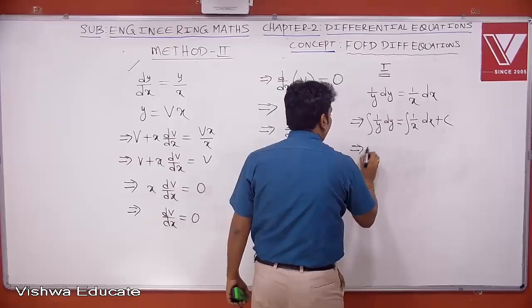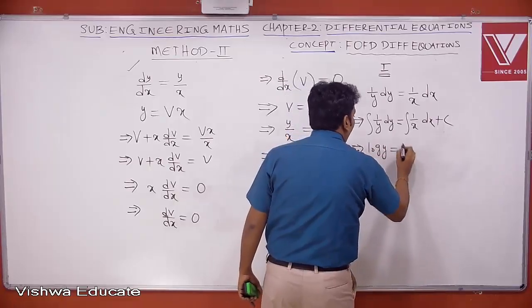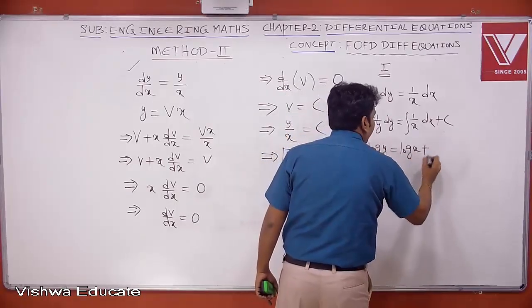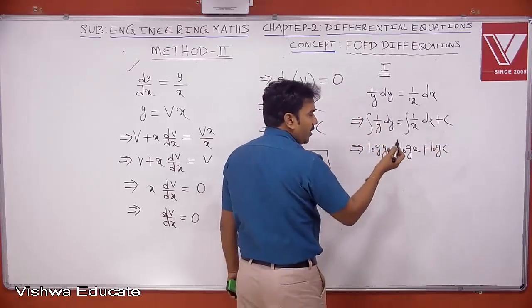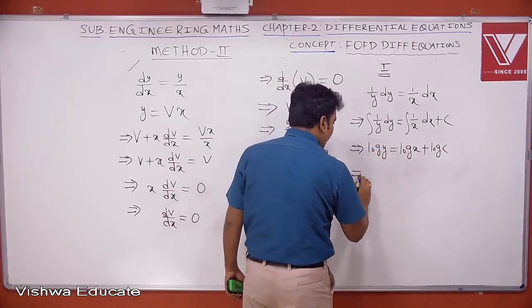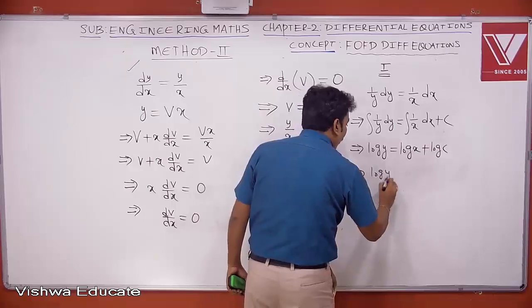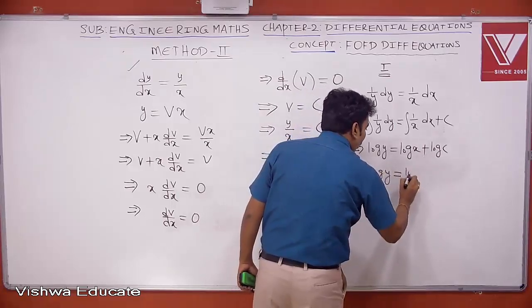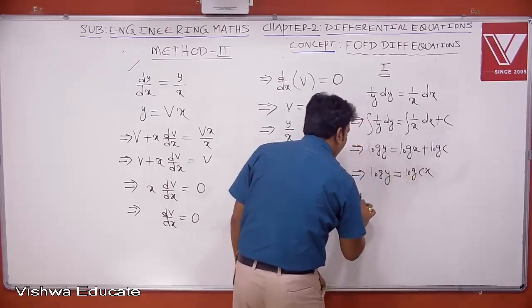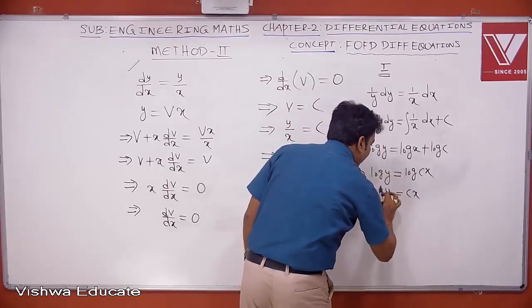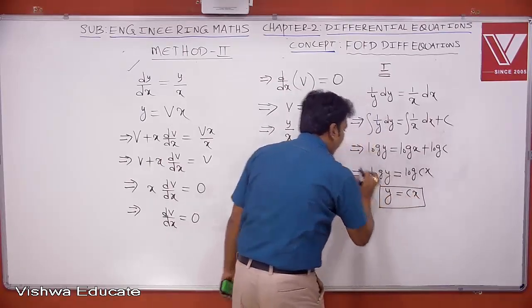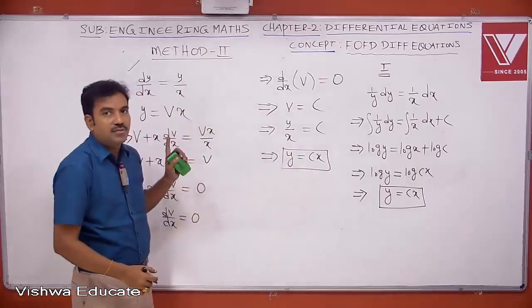So this implies log y equal to log x plus c. This c I can write as log c. Even if you do not write log c in place of c, it doesn't matter. Solution doesn't change. So log y equal to log a plus log b is log ab. Apply anti-logarithm on both sides so that logarithm terms will be cancelled, so that my solution is y equal to cx.